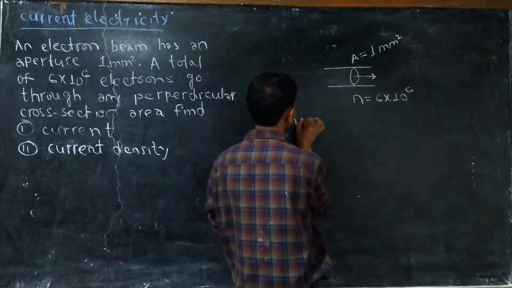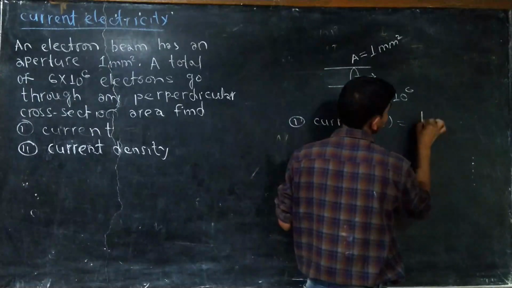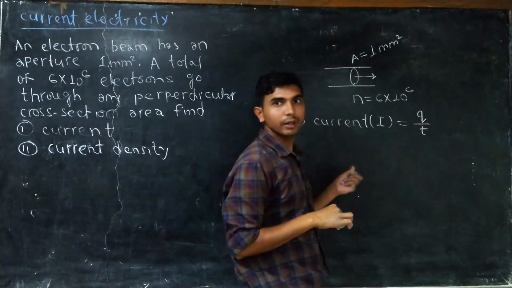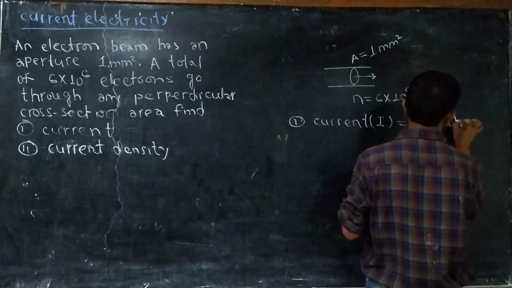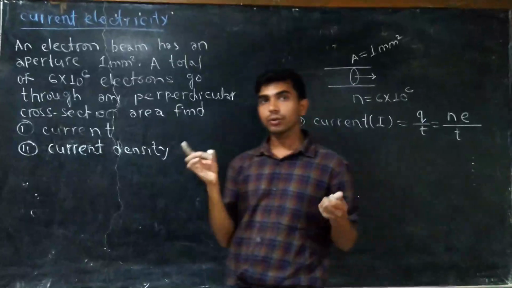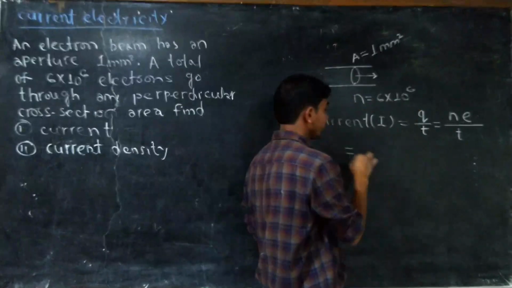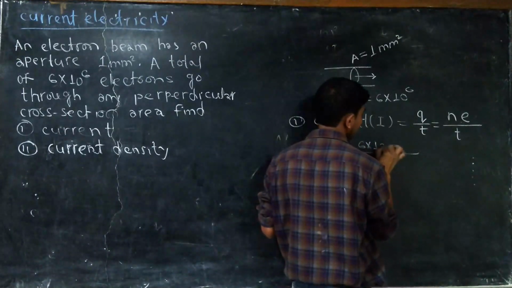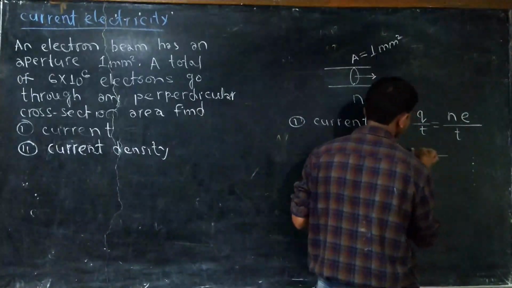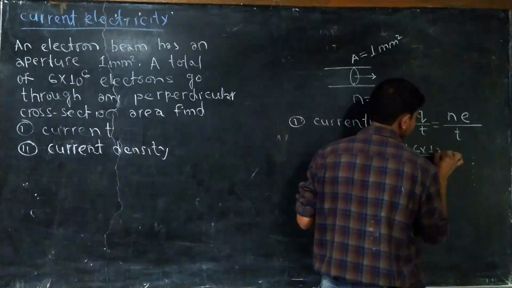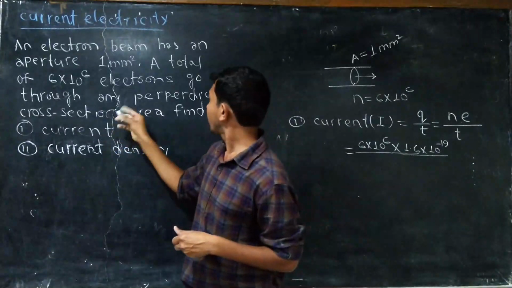First I am going to solve for the current I. What is the formula of I? I is Q by T, and Q is Ne. N is given in the question, 6 into 10 to the power 6, and e is the charge on one electron, which is 1.6 into 10 to the power minus 19. And the time is per second.